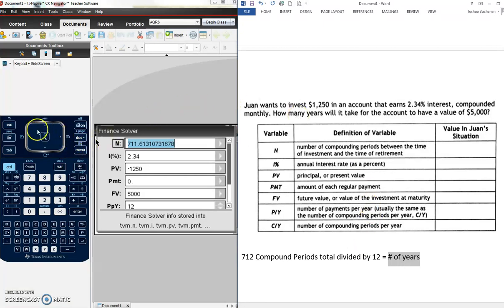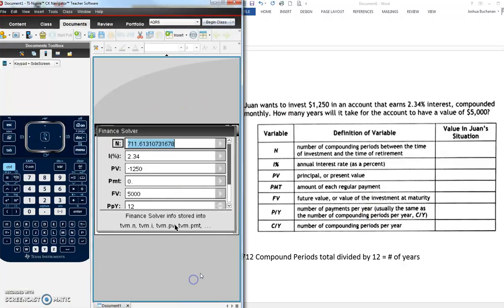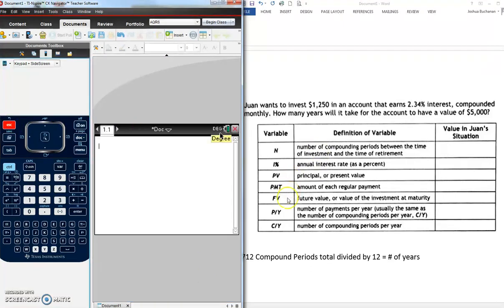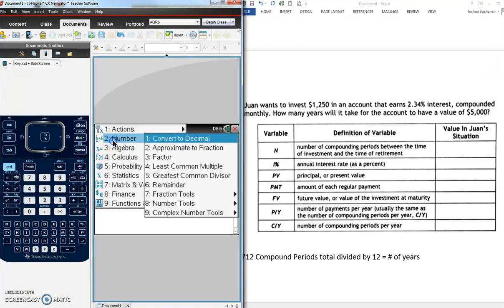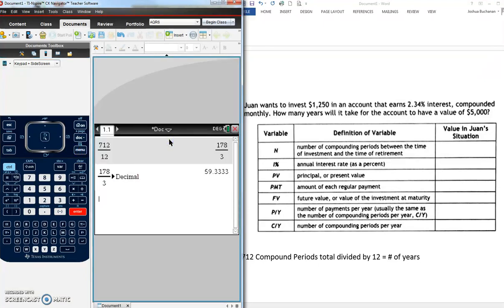So if I take, just back on my regular calculator, if we just hit escape, it'll go back to the regular calculator. And we take 712 divided by 12. Of course, it gives us a nice fraction that's been reduced. So I'm going to go to Menu, Number, Convert to Decimal.